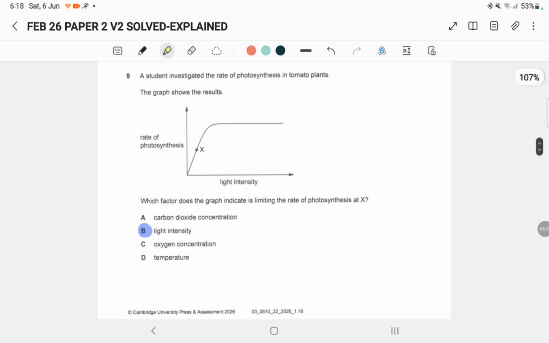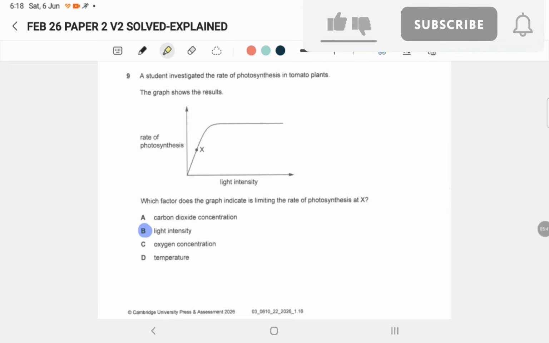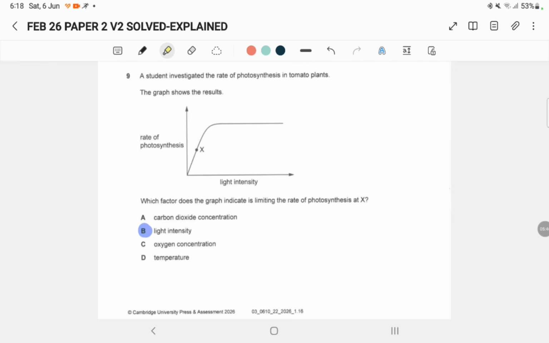Now question number 9 is telling you a student investigated the rate of photosynthesis in tomato plants. He's telling you which factor does the graph indicate is limiting the rate of photosynthesis at X. Well, at X it is the light intensity, because looking at the X-axis, as long as the graph is increasing and the rate of photosynthesis is increasing, of course the light intensity, which is on the X-axis, will be the limiting factor at spot X, basically.